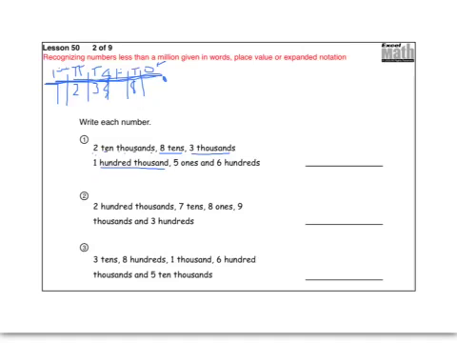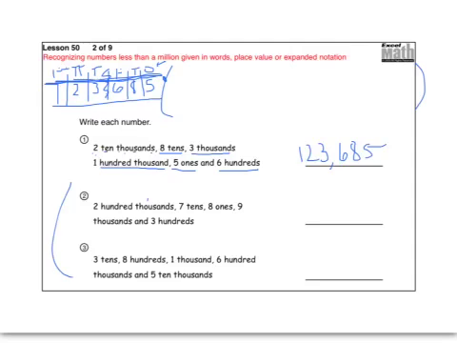That would be out here. 5 ones, oops, right there, and 6 hundreds. So now you can see what the final number is, 123,685.